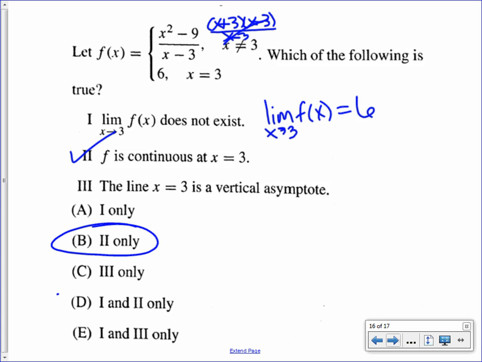What is this graph? This is a graph of x plus 3 with a hole at 3. So the limit is existing, right? Then it wouldn't be continuous if there's a hole.